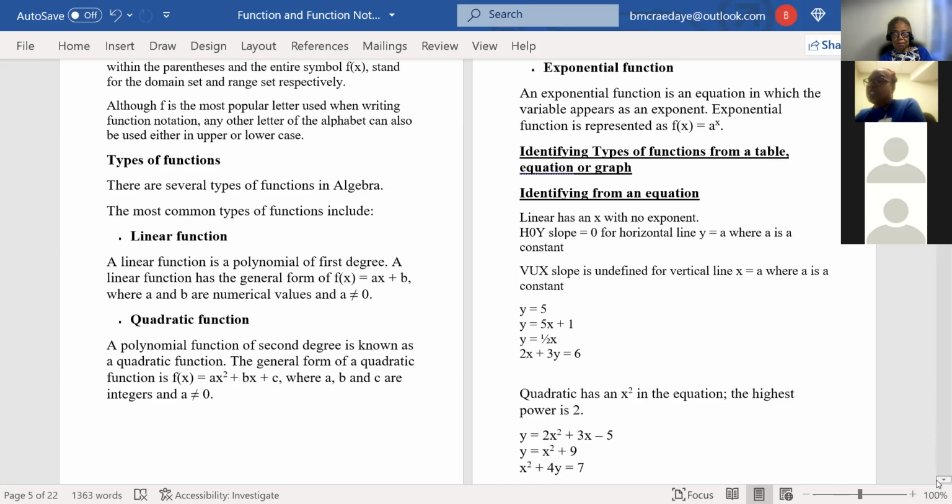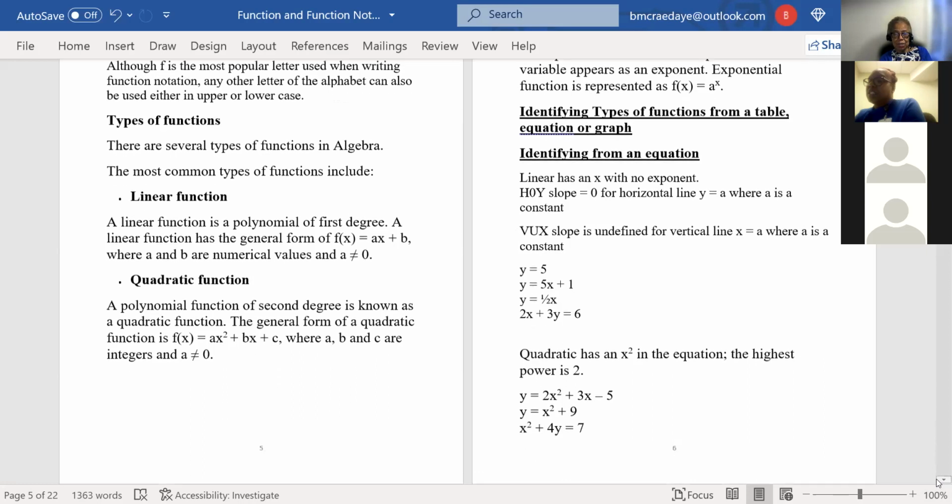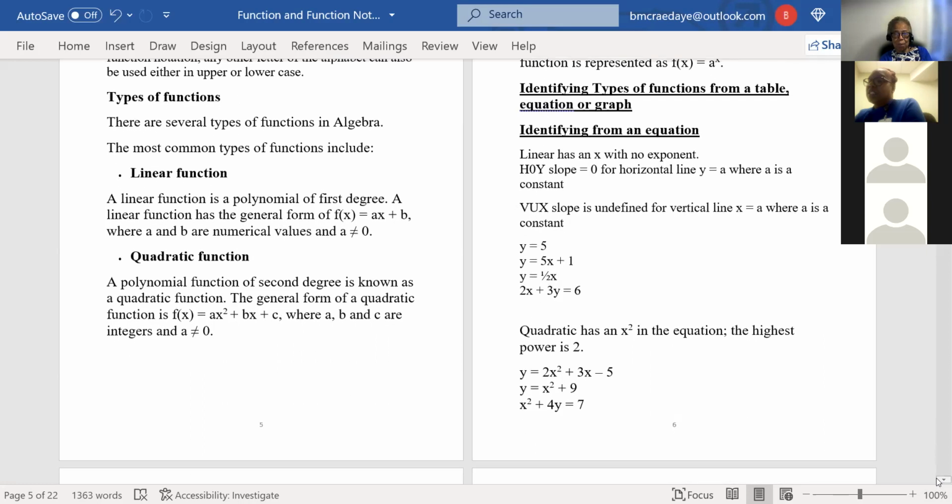So you can identify these types of functions from the equation. All of these represent quadratic. 2x squared, x squared, x squared plus 4y is 7. Those are all examples of quadratics. All right. If you have a power greater than that, then it can't be quadratic.